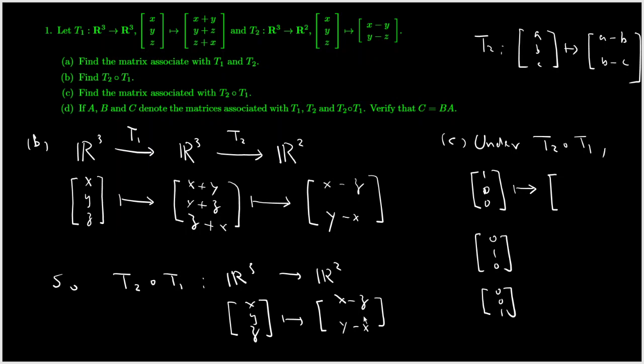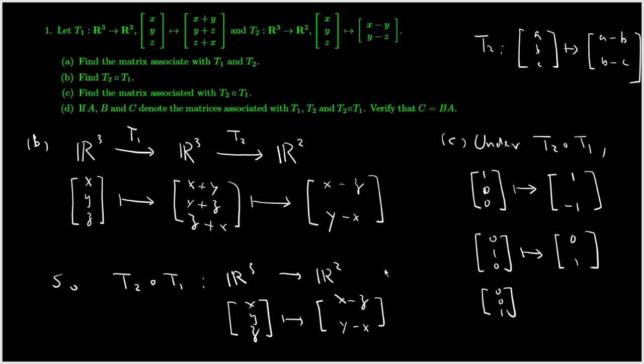Now you look at here. You look at the rule for the composite. X value is 1, Y value is 0, Z value is 0. I think the output for 1, 0, 0 is 1, negative 1. And likewise, the output for the input 0, 1, 0: Y value is 1.